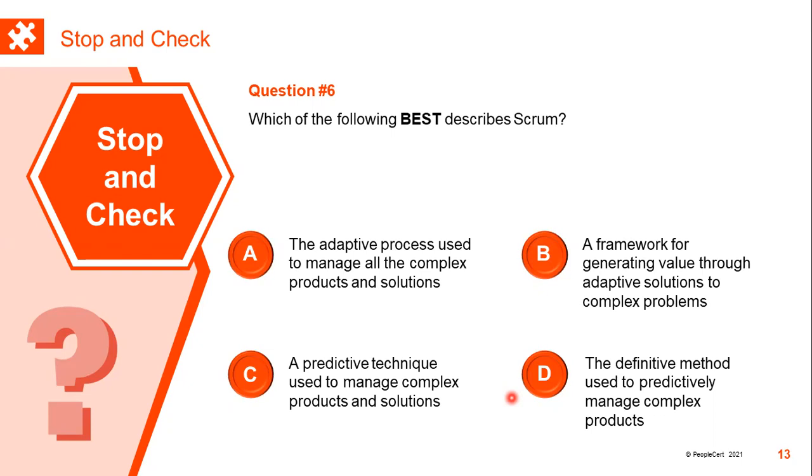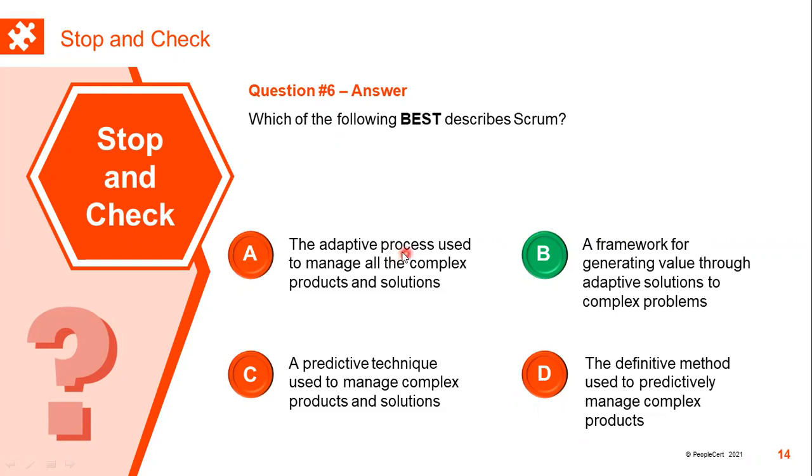They all sound very similar, but you have to go by the definition of Scrum. First and foremost, Scrum is a framework. And you see that word only in option B, a framework.